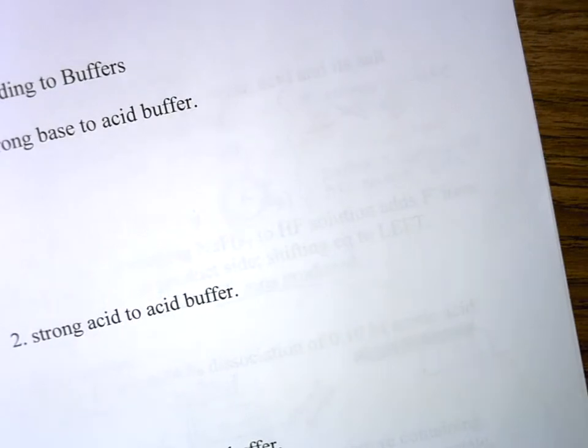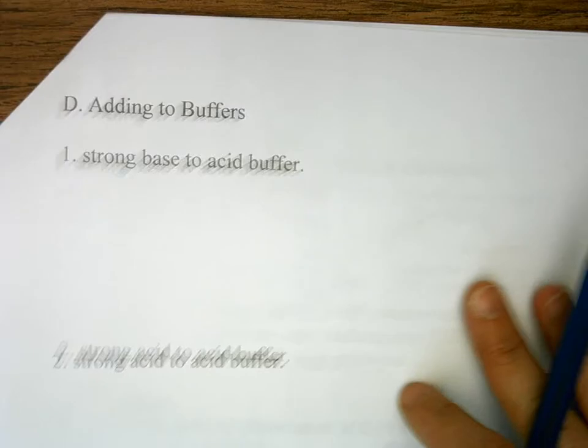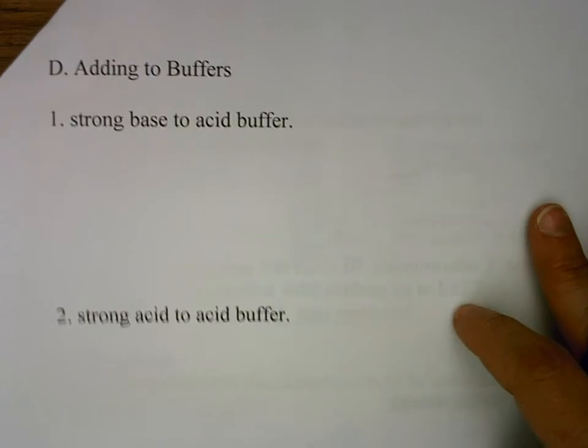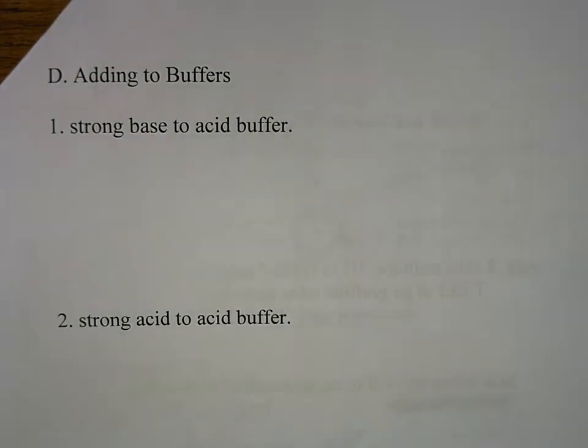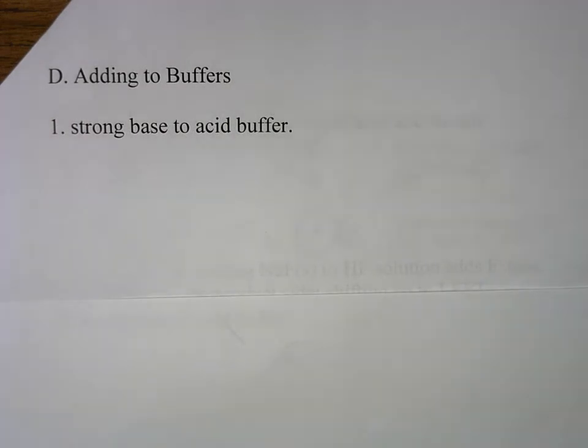Okay, let's do this. Now we are not going to do any calculations. It used to be that last year, after we add an acid or a base to a buffer, they would have to calculate what the new pH was. We don't have to do that anymore, but you do have to know what reaction happens that makes it so that the pH doesn't change very much.